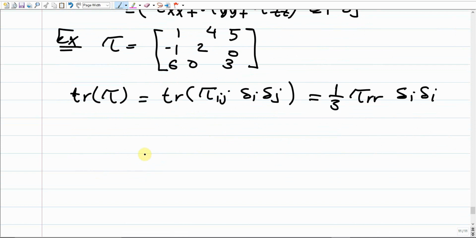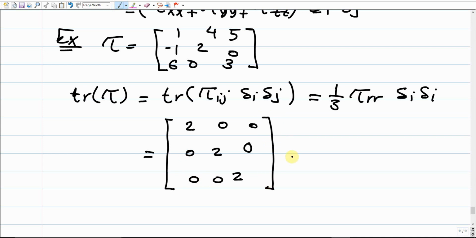For the trace of this tensor, you simply sum the diagonal components, these three components. 1 plus 2 plus 3 gives 6, divided by 3 gives 2. So we're going to have 2, 2, and 2 over the diagonal and zeros everywhere else. You got it? This represents the trace of this tensor tau.